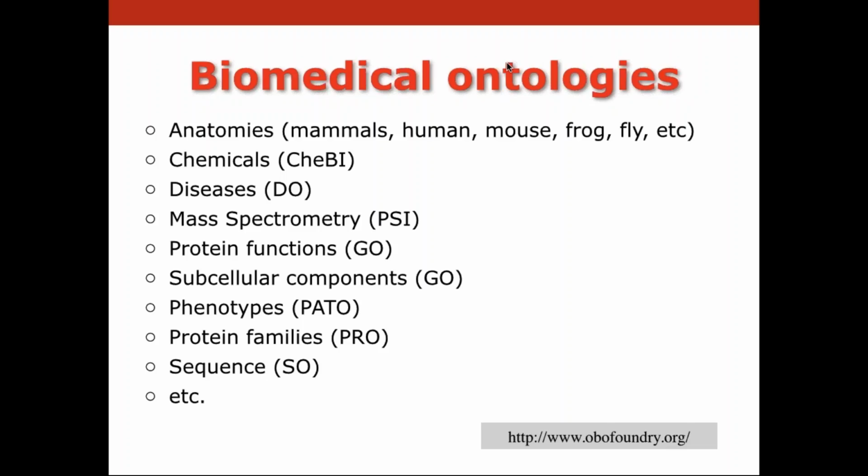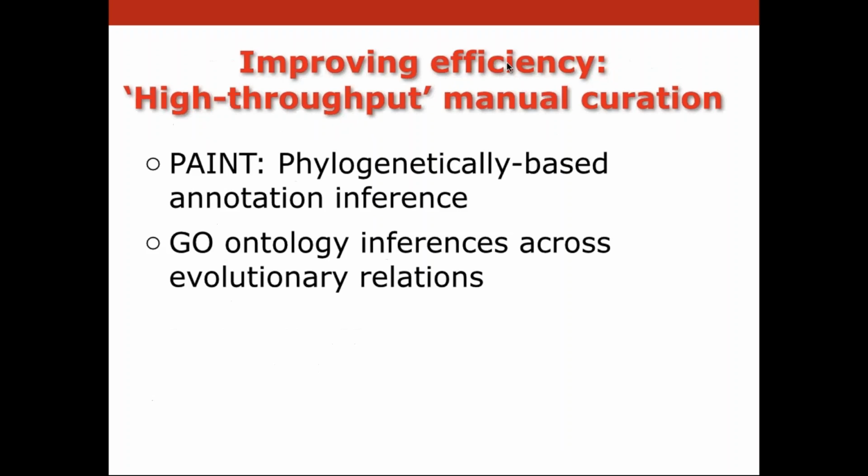In the GO, you can describe protein function and subcellular component, phenotypes, proteins and protein families, sequence, and so on. So this is really one way to represent the data that has also been proven useful to the research community, if we just look at how much the Gene Ontology is being used in bioinformatics applications.